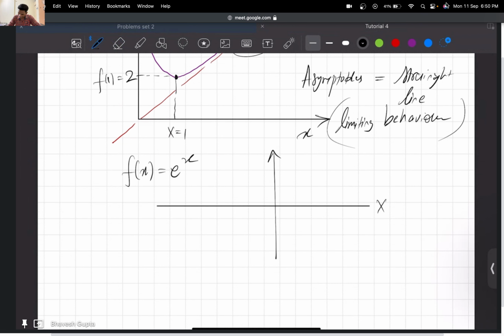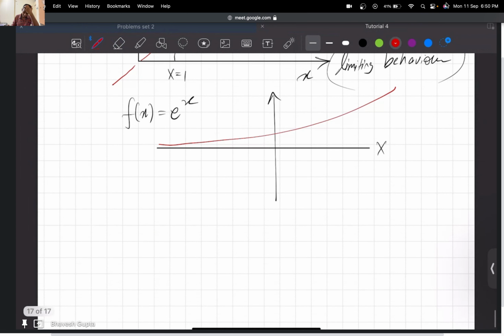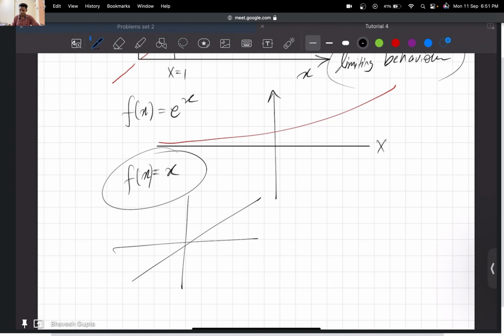Let me give another example, f of x = x. This function doesn't have any asymptote. You can say the function takes positive infinity for positive large x, and negative infinity for negative large x.